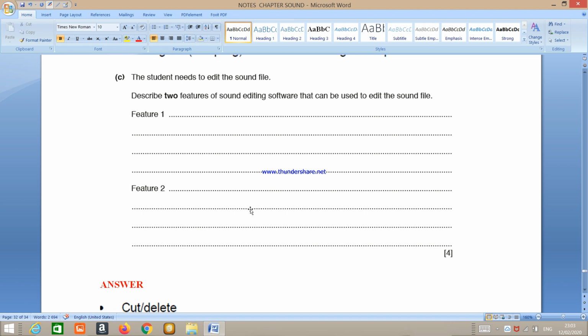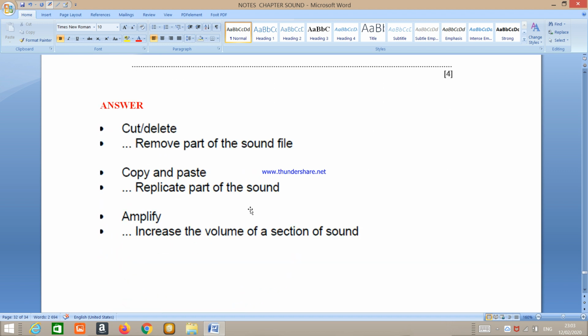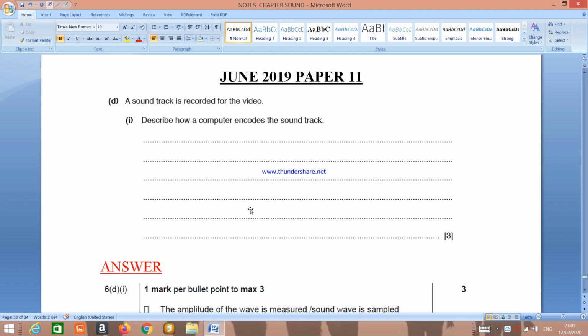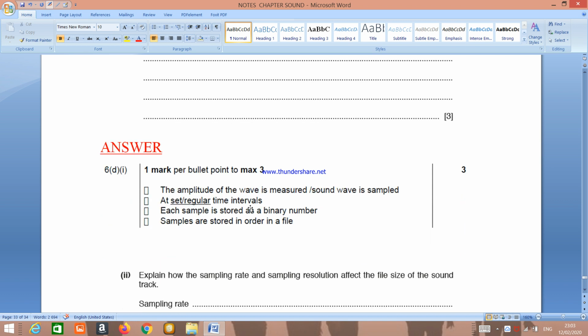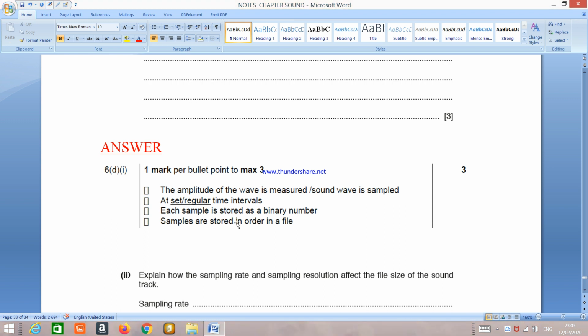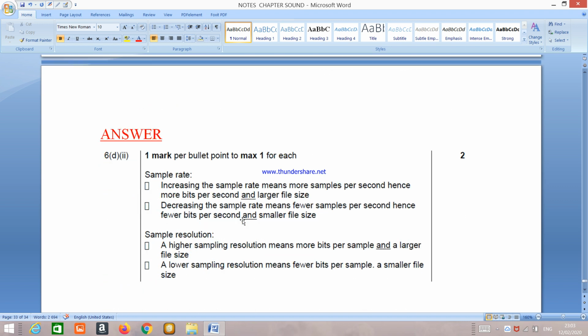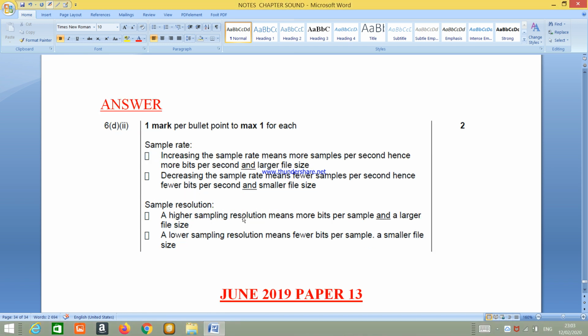So what are the features available in the sound editing software, and how a computer encodes the soundtrack. We have already discussed this. This one also, sampling rate, sampling resolution. We already discussed sample rate and sample resolution.